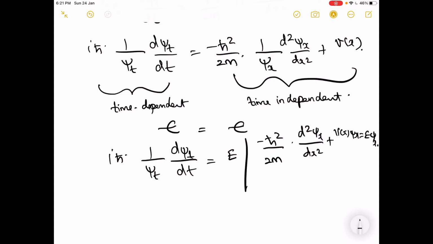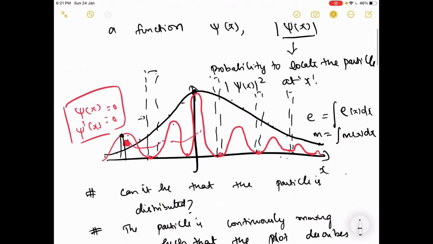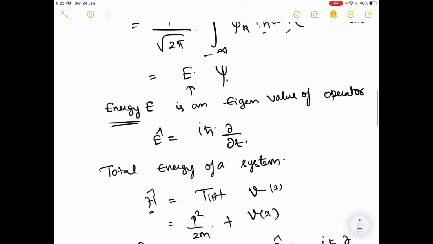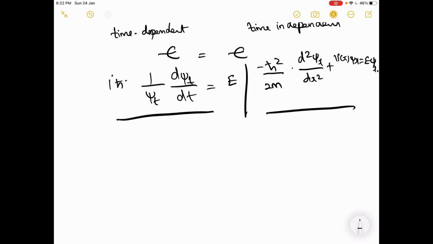Remember, this is the same form in which we got the derivation, right? We got E psi here, and E on the other side as well, and that's how we started with the Schrodinger equation derivation. So it's the same thing, just written differently. I just split the spatial and the time component, and again we get back to the same form.